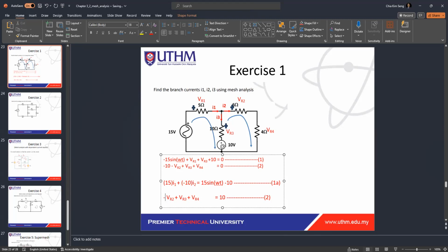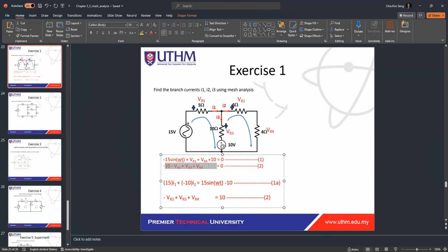After that, the VR2, VR2, minus. Yeah, I think this is a typo. This is number 2, this is number 3. Then move to here, number 2 positive. Okay, and then 4.